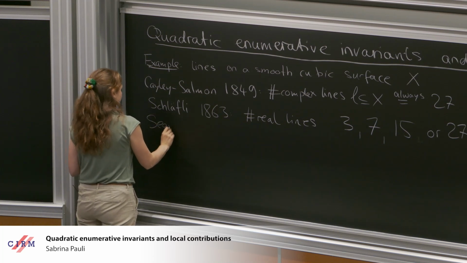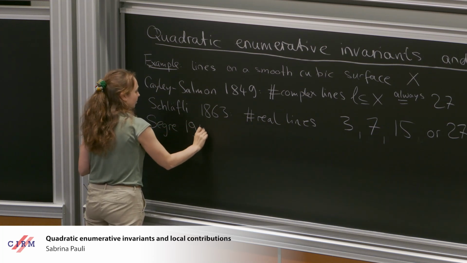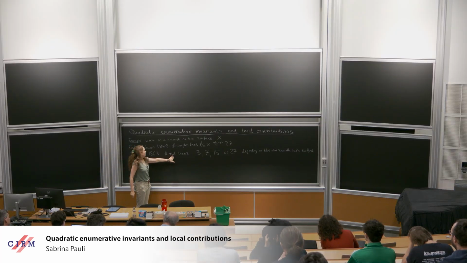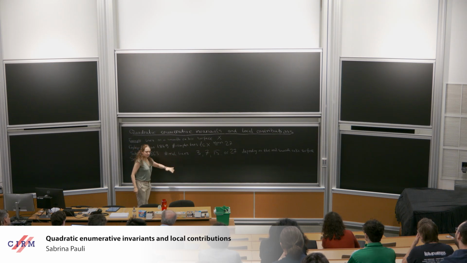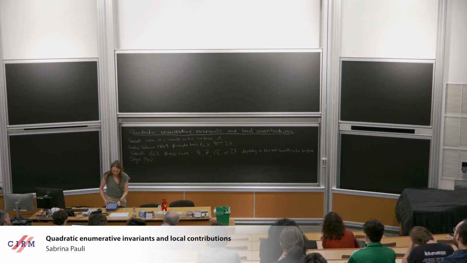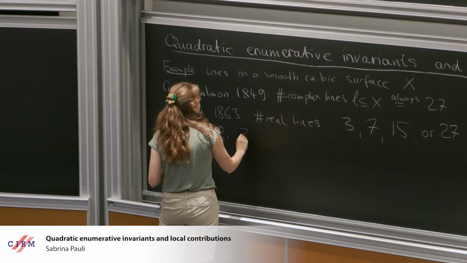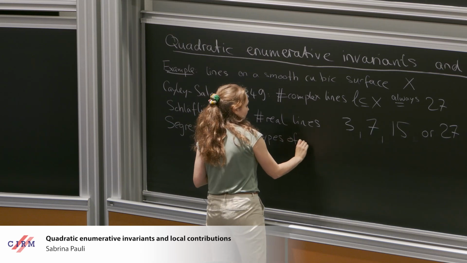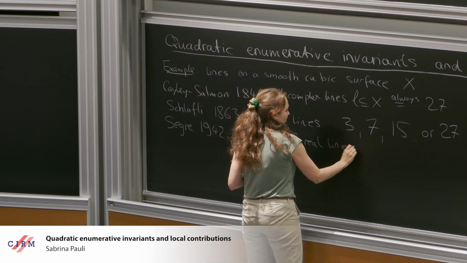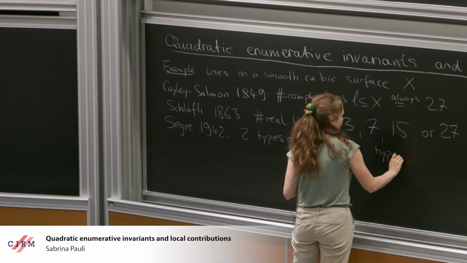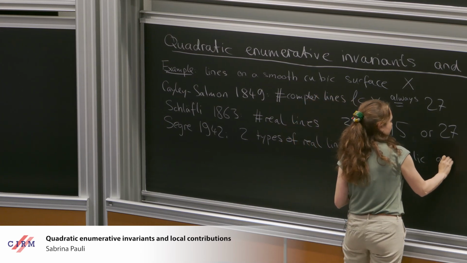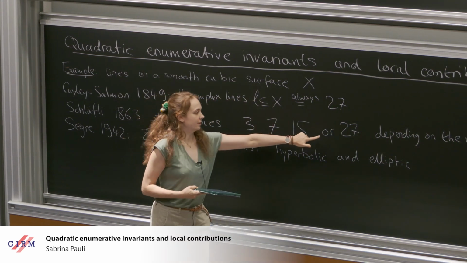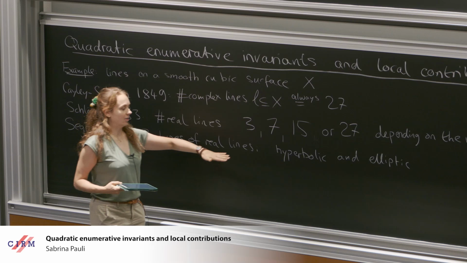However, in 1942, Segre had a closer look at the real lines on a smooth cubic surface and classified them. He found that there are 2 types of real lines, which he called hyperbolic and elliptic, and also looked at what happens in these different cases and wrote down how many of them are hyperbolic and elliptic.